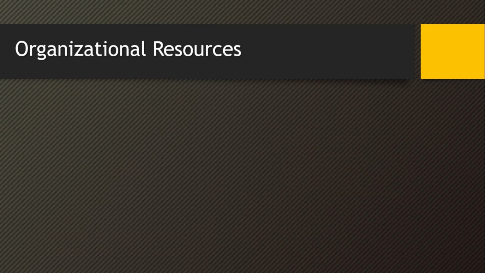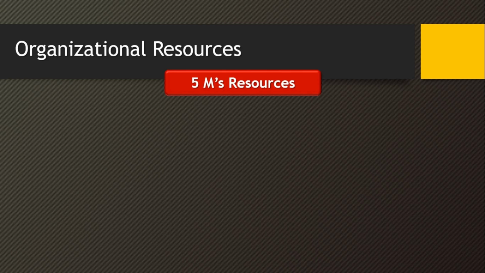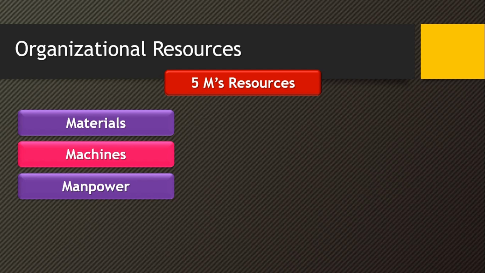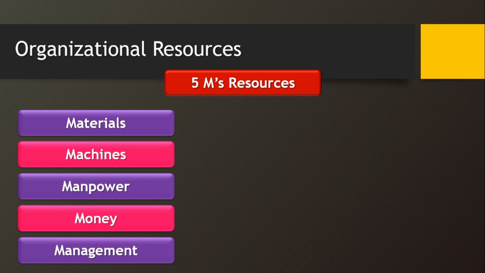In case of internal factor evaluation, the organizational resources will be evaluated, and all these organizational resources are nothing but the 5M resources. These 5M resources are materials, machine, manpower, money, and management.